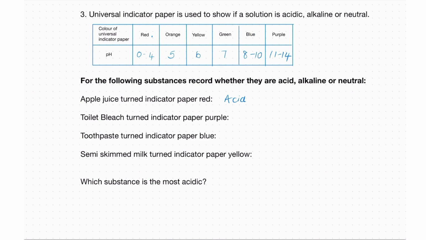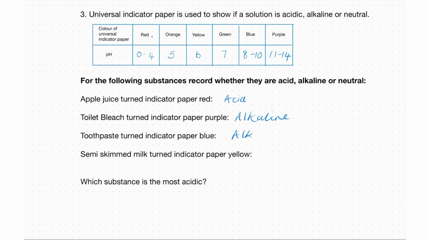Toilet bleach turned indicator paper purple. Which pH is that? That's going to be 11 to 12, so we know that is an alkaline. Toothpaste turned it blue, so we've got alkaline.